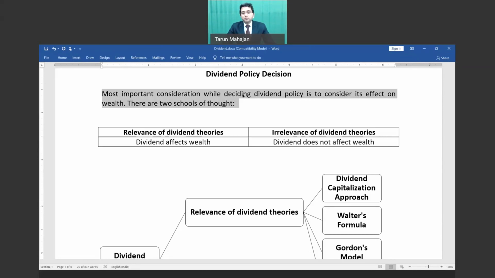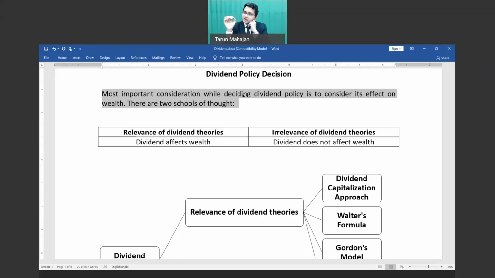So, the most important consideration while deciding dividend policy is to consider its effect on wealth. What is the ultimate objective of the financial management subject? The ultimate objective is wealth maximization. Wealth means total market value. Total market value is market price per share multiplied by number of shares.